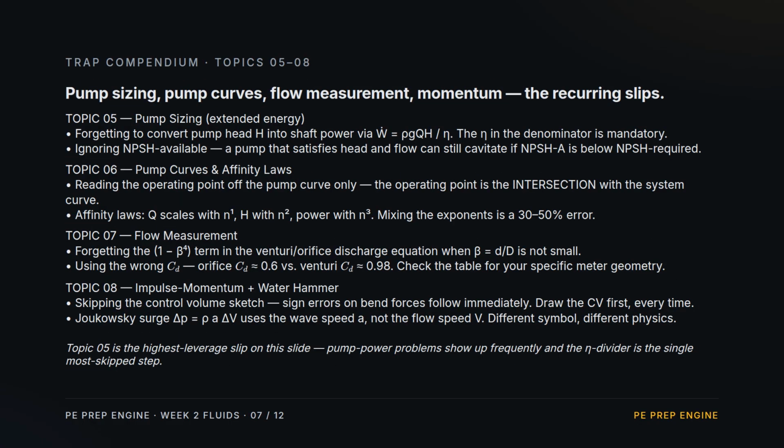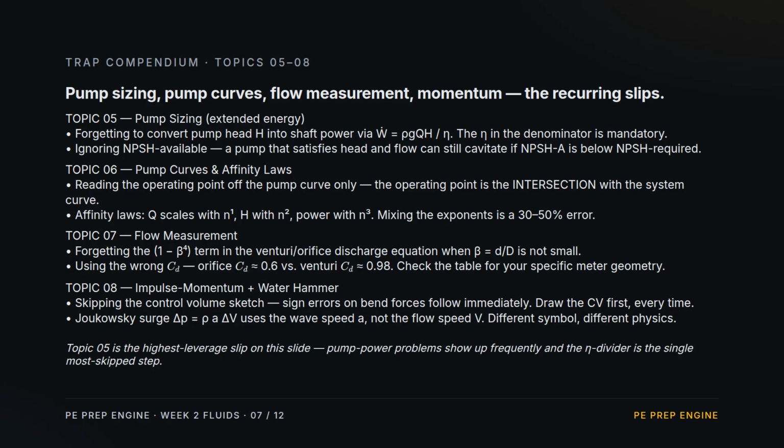Trap Compendium, topics 5 through 8. Pump sizing. Shaft power is rho g Q H over efficiency. The efficiency divider is mandatory, and a pump that meets head and flow can still cavitate if NPSH available is short. Pump curves. The operating point is the intersection of pump and system curves, not the pump curve alone.